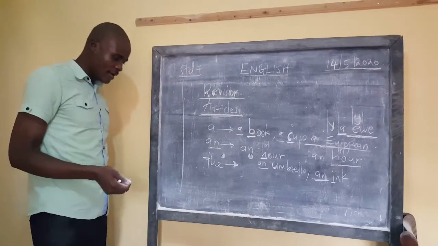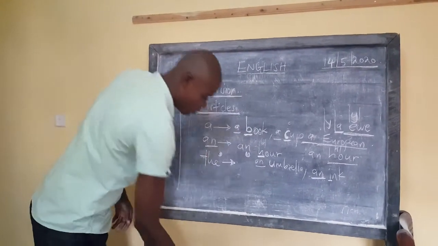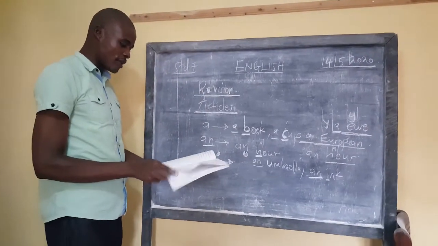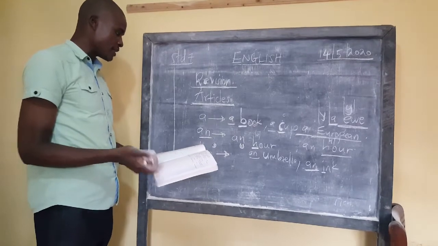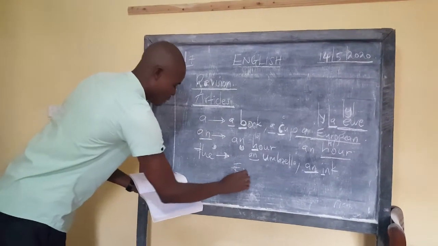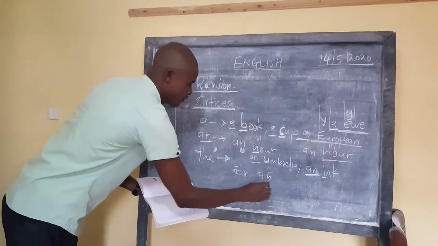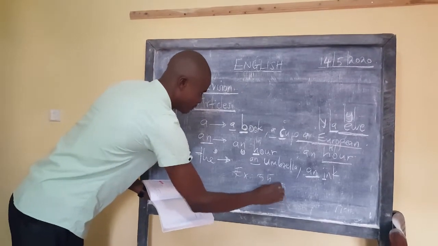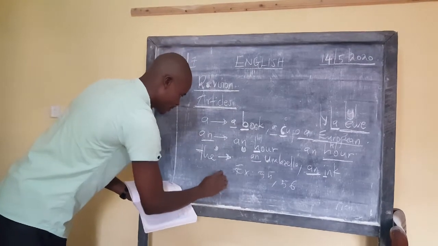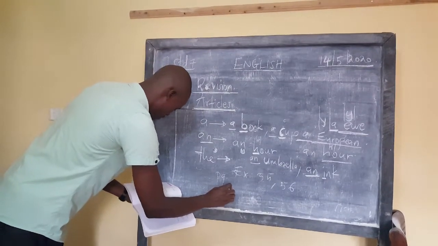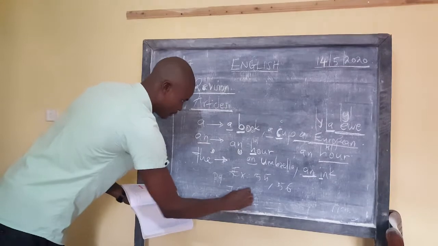So learner, under articles in your English aid book, having considered whatever we have done, try as many questions as you can in exercise 55 and exercise 56, that is page 76 to 77.